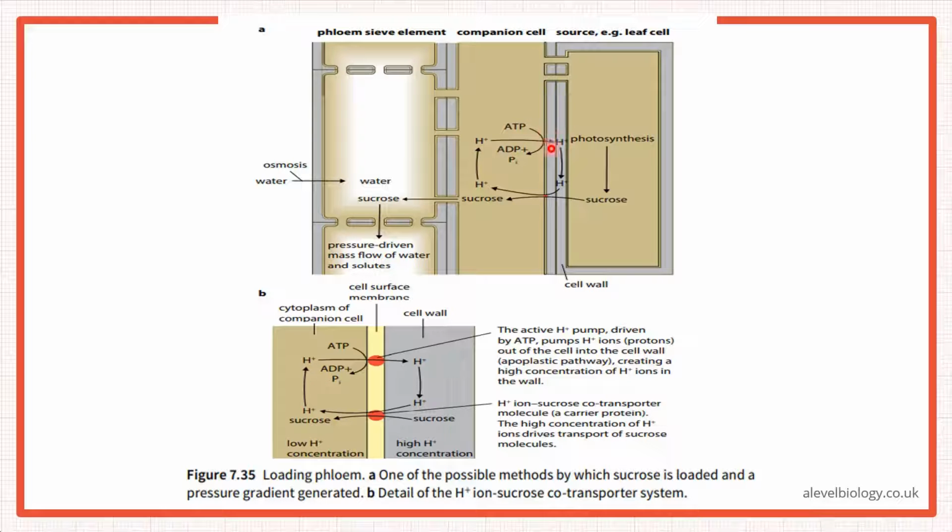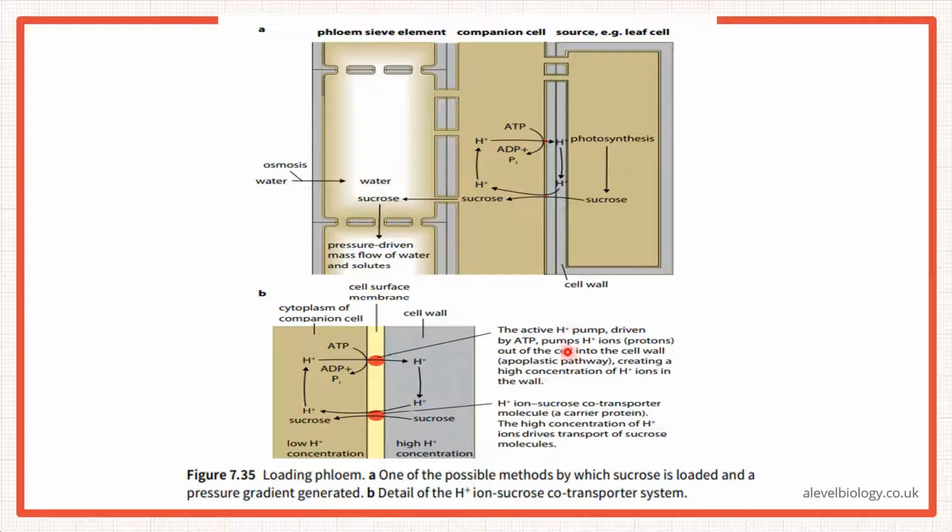What is happening in the cell wall? The pH becomes low, and the concentration of hydrogen ions increases here. What happens because of this? Because now there's a concentration gradient, there are more hydrogen ions there, so they will definitely enter the cell again. But what they do now is they act as co-transporters, and they will bring in sucrose along with them, right?